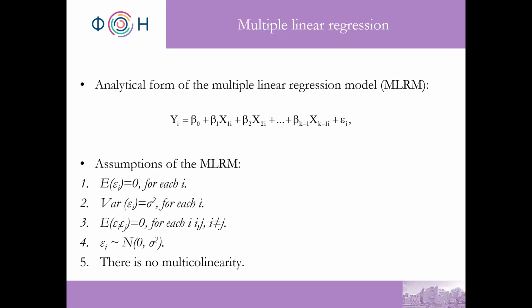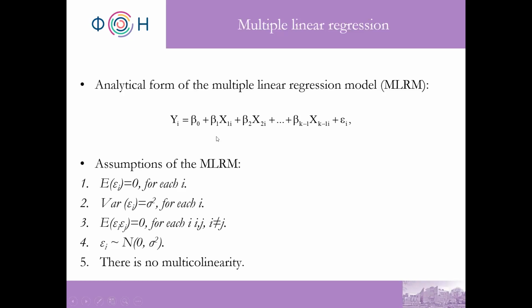So our idea is to model the relationship between our independent variables and our dependent variable. So the coefficients beta 0, beta 1, beta 2, all the way up to beta k are regression parameters.